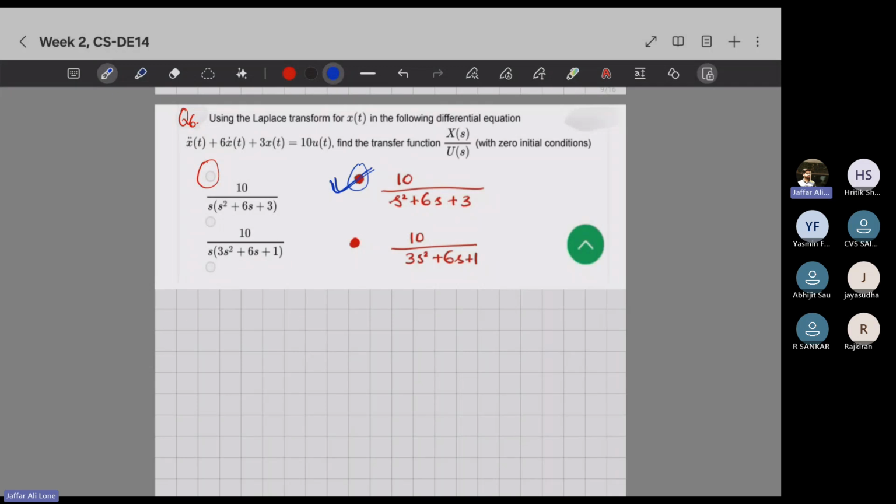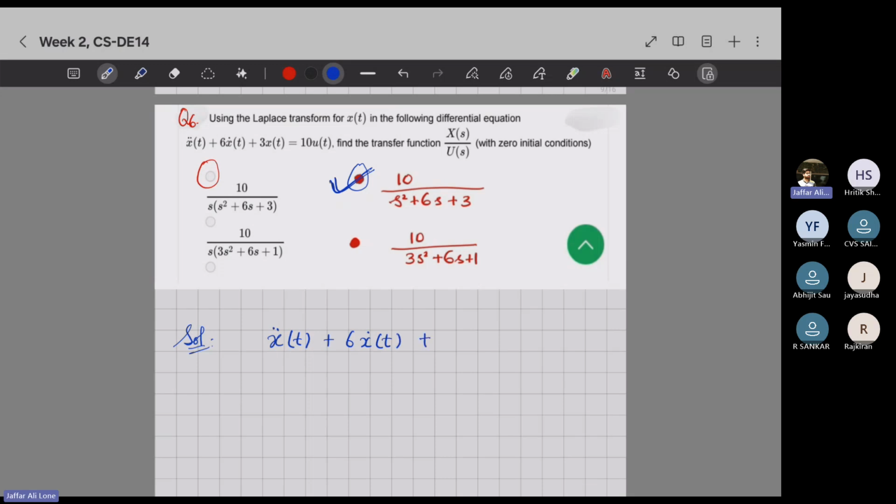I know the mistake which the first person made, so I'll explain. Transfer function questions are very easy if it's given in terms of a differential equation. Otherwise, you have to derive this differential equation from the model.